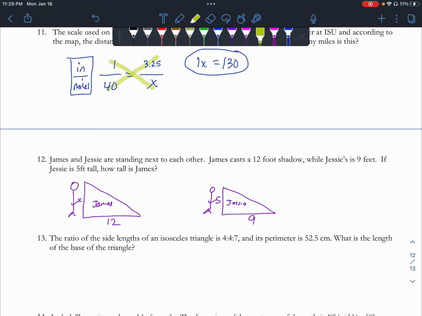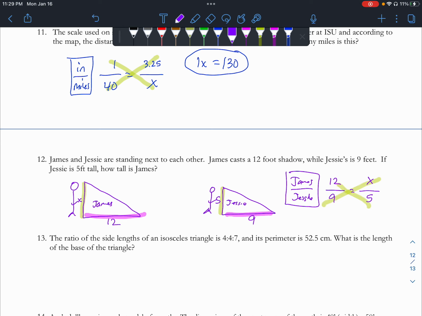We again have our similar sides here. Vertical sides are going to match up. The horizontal bases, or those shadows, are also going to match up. So if I go James compared to Jesse, a measurement from James, I like to start with the numbers. 12 compared to 9. I also have x compared to 5.